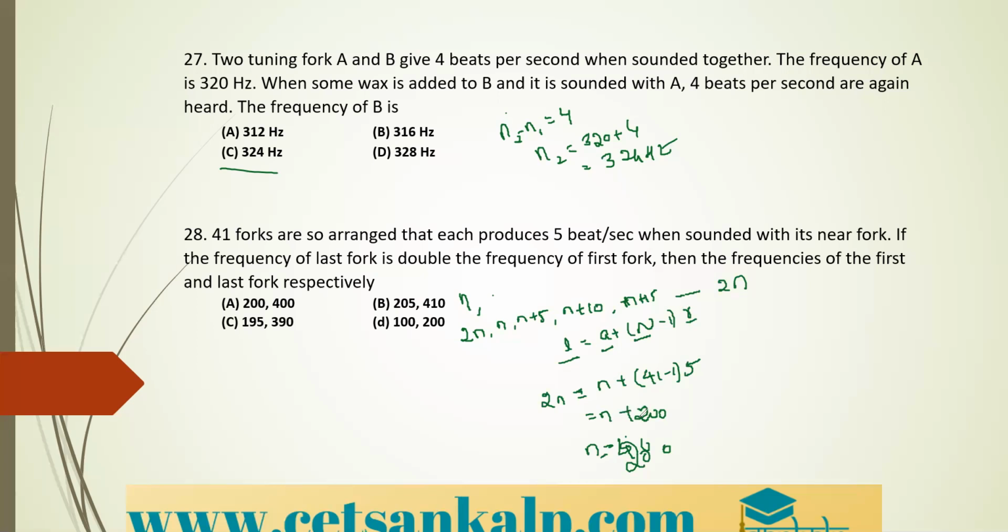Therefore, 2n is equal to 400. Therefore, the respective frequencies of A and B are 200 and 400. That is, option A is the correct option here, right?